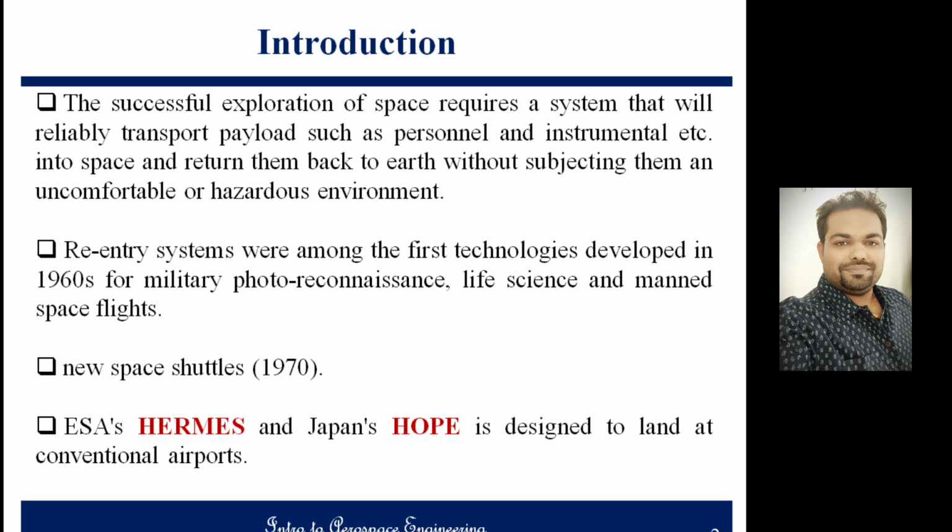And you might also remember the famous example in 2003, the Kalpana Chawla incident, when the space shuttle was entering the Earth's atmosphere and broke up because of the phenomenon called re-entry heating. It was not able to sustain that heat and it broke into two parts. One part went into space, another part came down on the Earth.